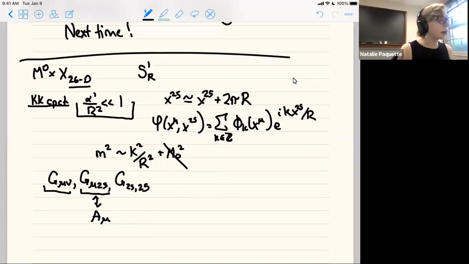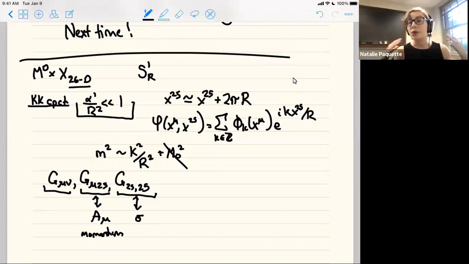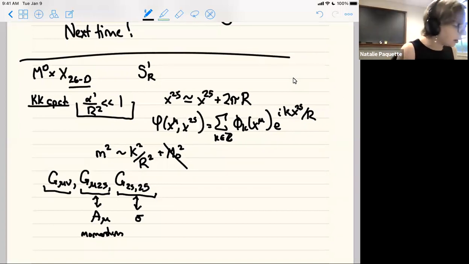The corresponding charge modes are the KK modes, where momentum is the corresponding charge for the U1 gauge symmetry. And you also have a scalar field, called sigma, and it turns out that it has no potential in the compactified theory, so it's a massless moduli, and in fact, its VEV sets the radius of the circle, which works with the earlier lesson that we had before.